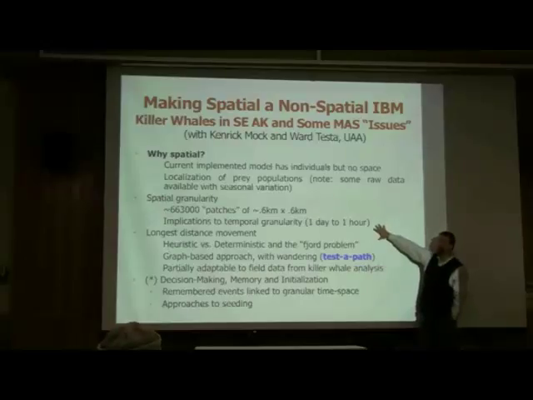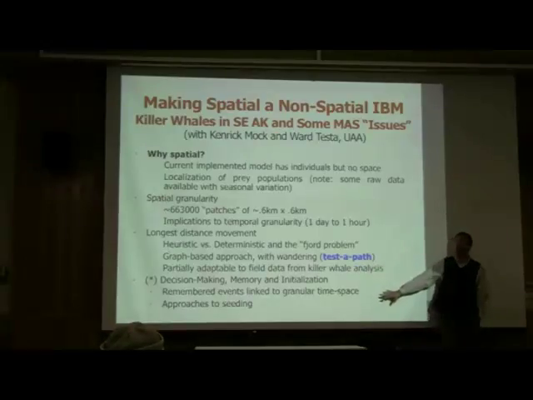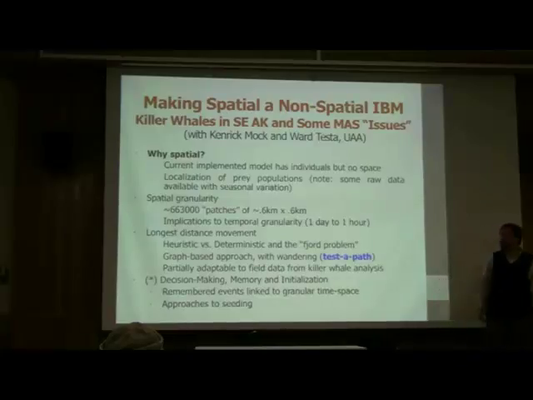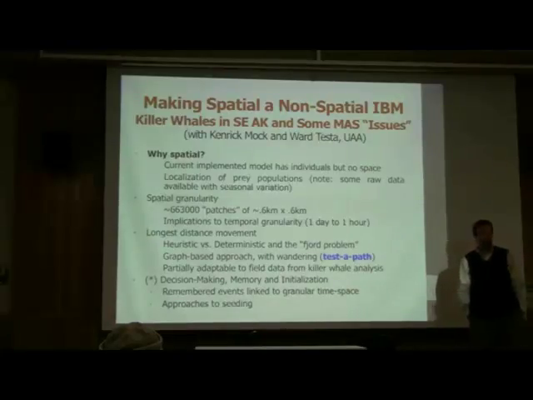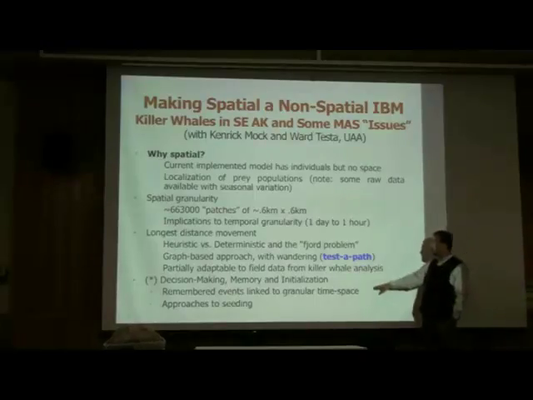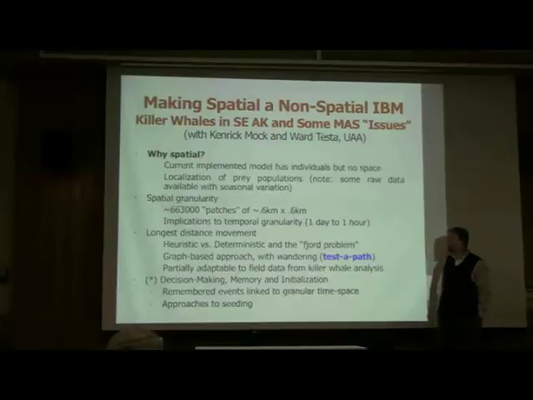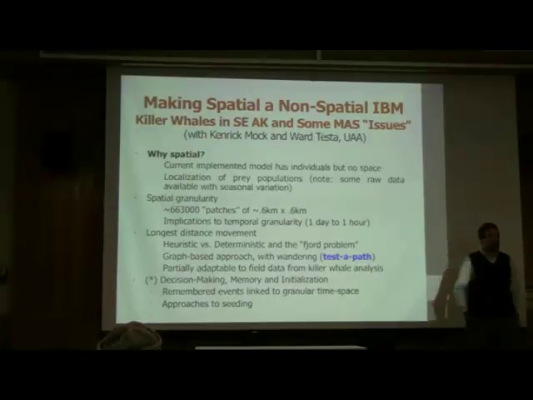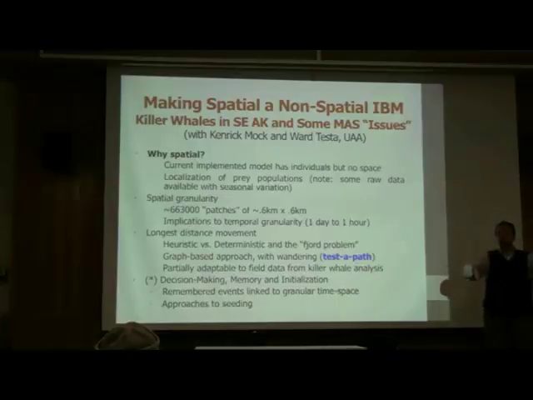So I've solved the fjord problem, but now I'm getting more into the whale's behavior. There are all sorts of different models that we've already experimented with, and the current model we're working on is to remember previous hunting events linked to granular time and space. You simply break the world into a bunch of grids, and you break the year into a bunch of discrete seasons. Every time a whale hunts, successfully or unsuccessfully, it simply remembers the general region in which that happened and the general period of the year in which that happened.